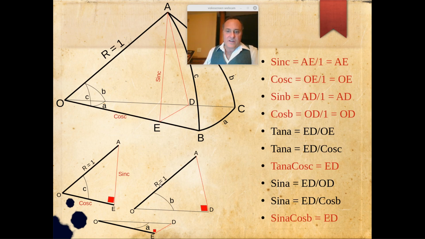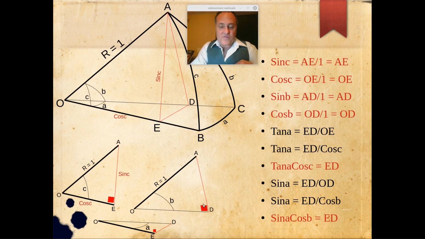Now let's turn our attention to angle B here in this triangle. This is the far side of the pyramid, so to speak. Although this is a strange little shape down here, it is distorted due to perspective. Remember, we constructed this as a right angle, and so this red box here reminds us that it is in fact a right angle.